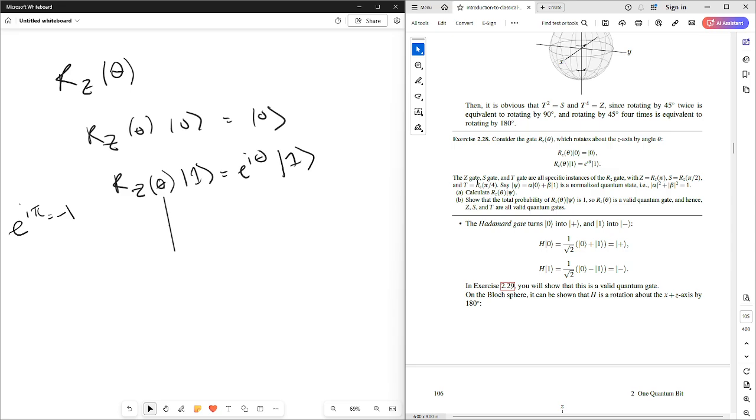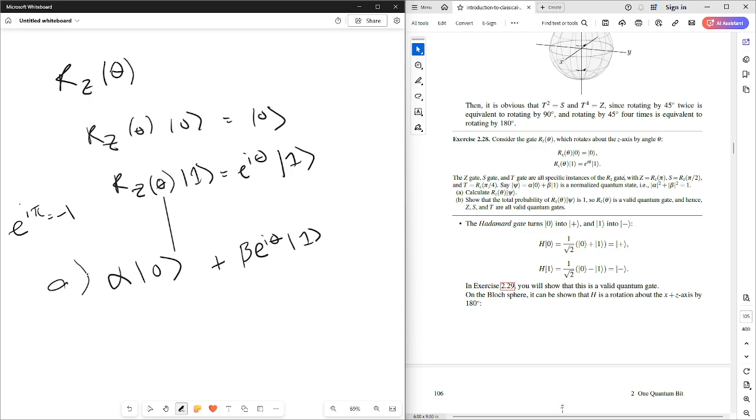So calculate R sub z of theta applied to psi. That simply results in alpha state 0 plus beta e to the i theta state 1.